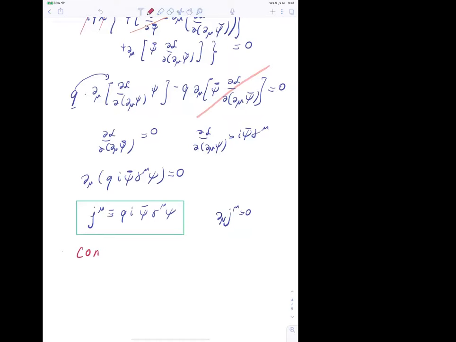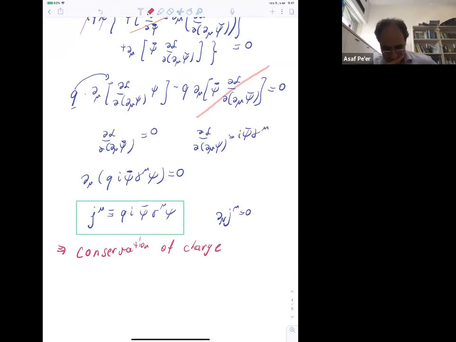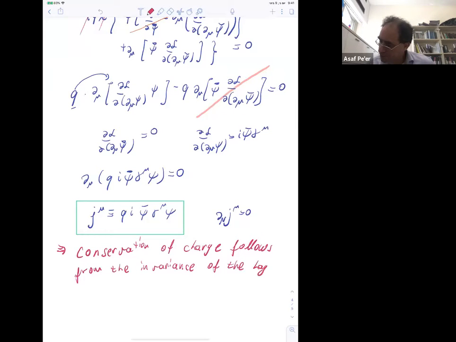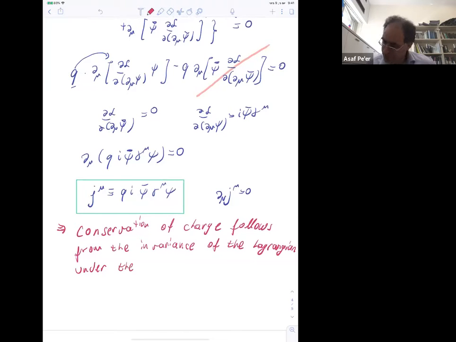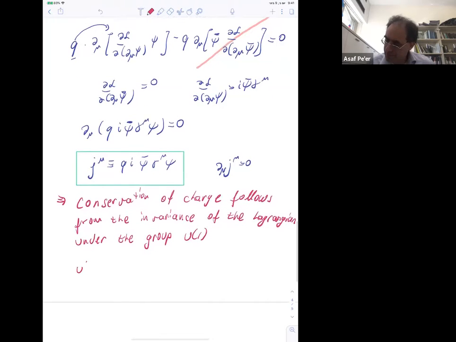Conservation of charge follows from the invariance of the Lagrangian under the group U(1). U(1) means 1-by-1 unitary matrix.